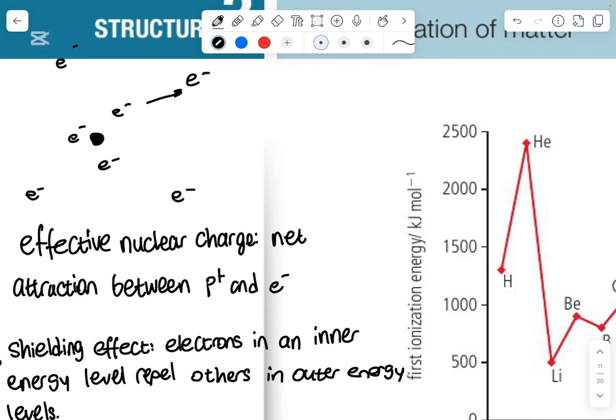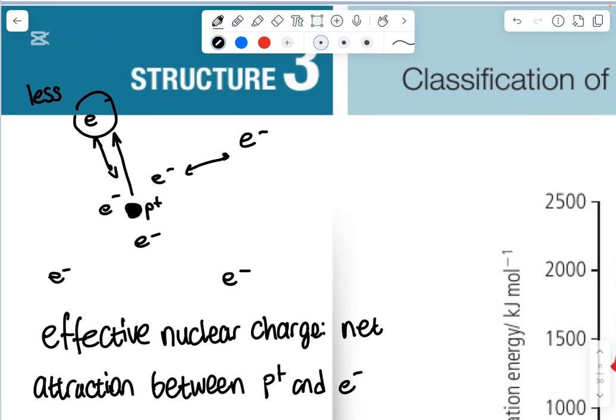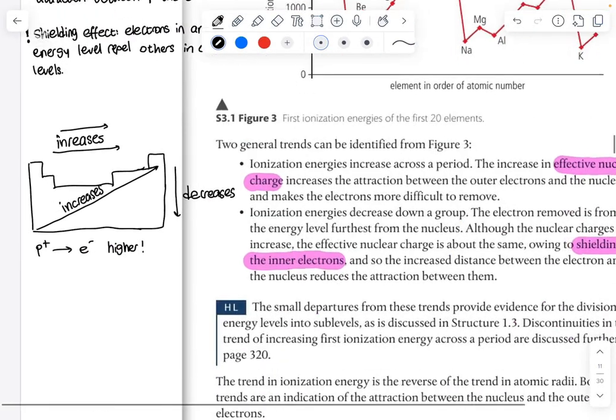Obviously we have repulsion between these two electrons, so these electrons are going to want to go farther away. If they're farther away, then the attraction the protons have on the electrons is going to be less, so it's going to be easier to remove these electrons.